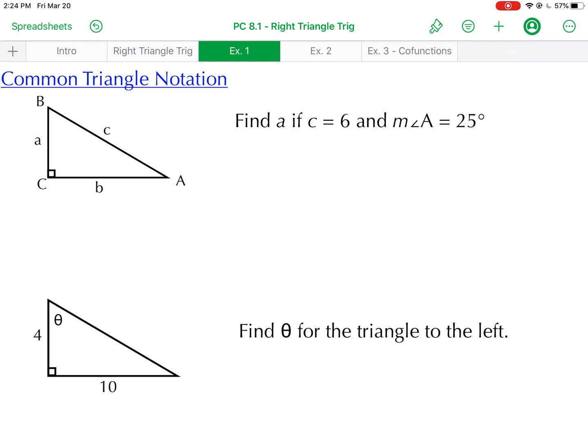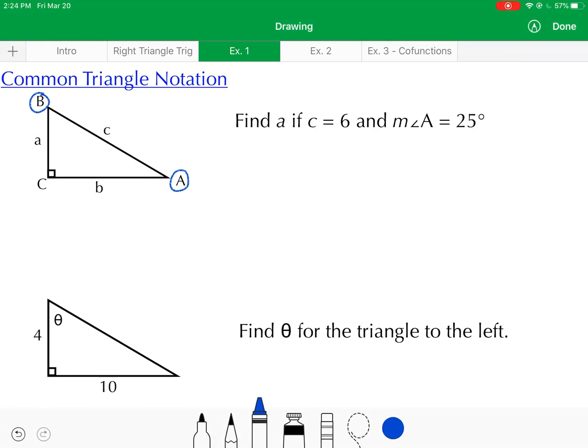Before I solve this problem, let's just make sure we understand some common triangle notation. We typically will represent our vertices of the triangle as capital letters. So you can see I have capital letters A, B, and C. And then notice that the sides of the triangle that are opposite each one of those vertices are designated with a lowercase letter, right?